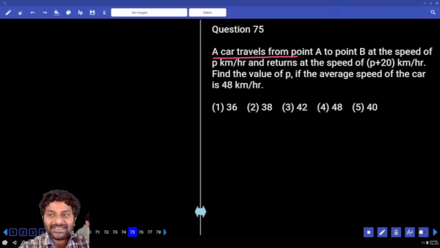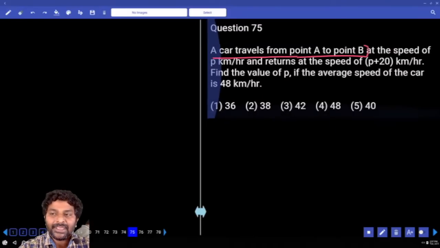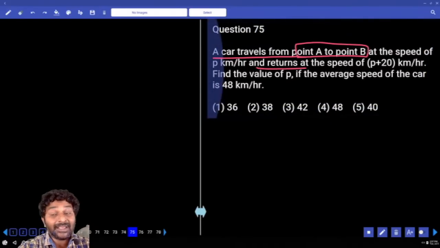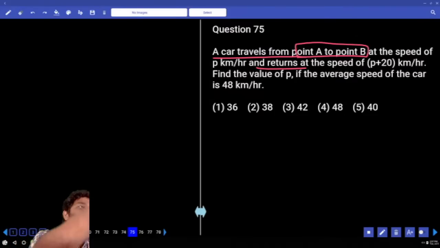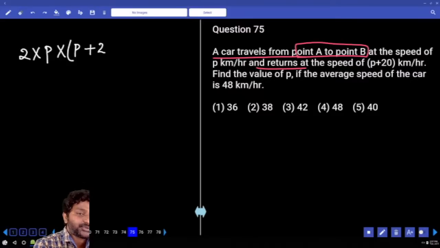Overall point is a car travels from A to B and returns, meaning B to A. That means onward journey distance and return journey distance are the same, so average speed is equal to 2ab by a plus b. What is a value? p. B value? p plus 20. 2ab by a plus b.